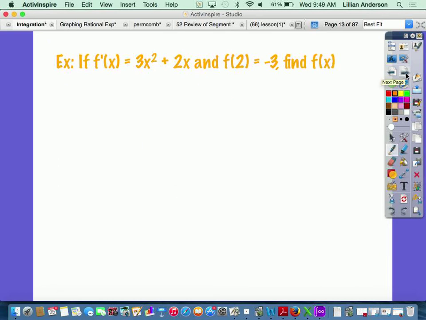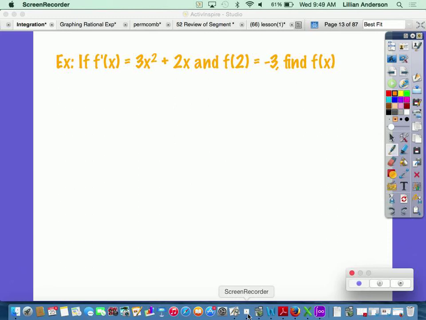So let's take a look at this example here. It says if f prime of x equals 3x squared plus 2x and f of 2 equals negative 3, we need to find f of x.